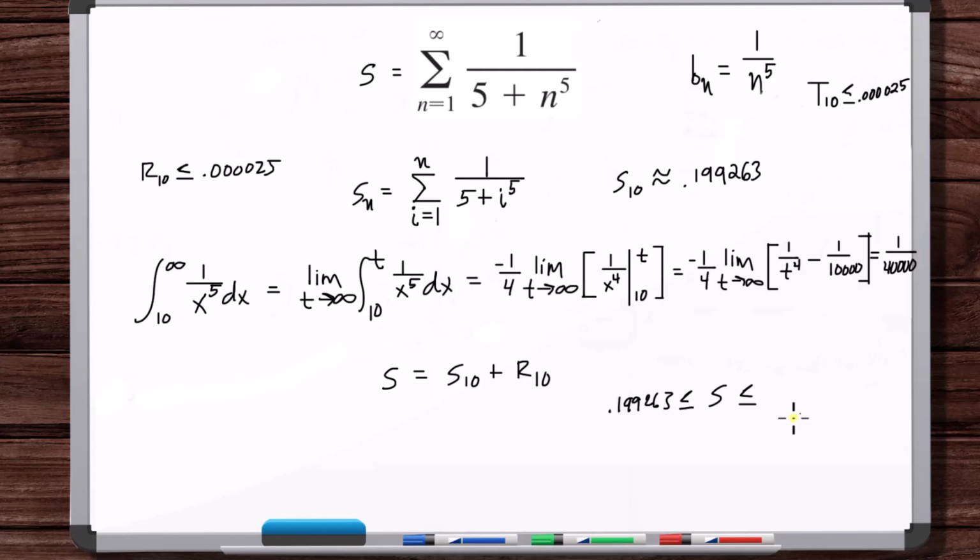We know the infinite sum is less than or equal to this. Technically, we know it's not equal to the lower value. It's definitely greater than this, but it could be this, or it could be something less than this.